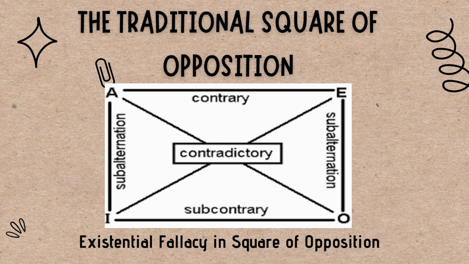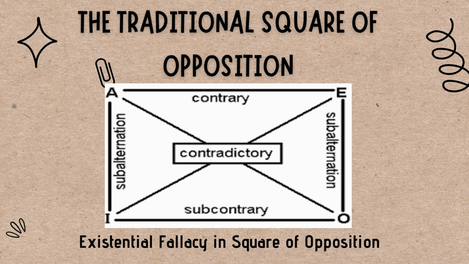But both cannot be true or false. If one is undetermined, the other will also be undetermined. One is the denial of the other. They have the same subject and predicate but differ in quantity and quality. These are the characteristics of contradictory pairs or statements.